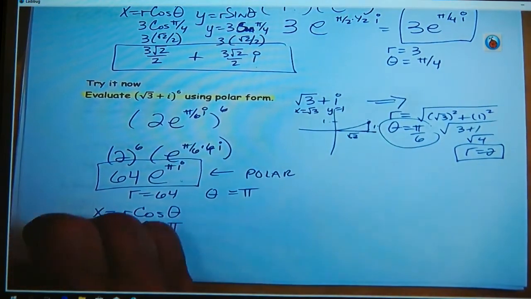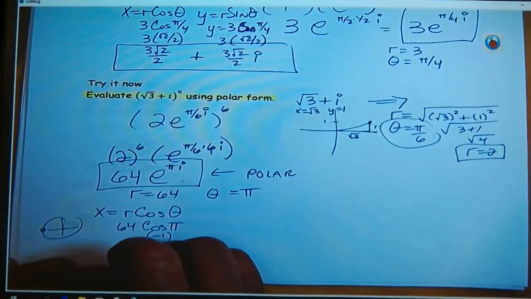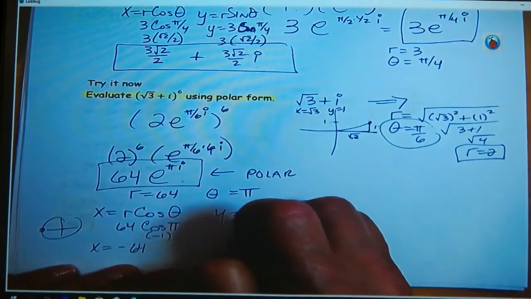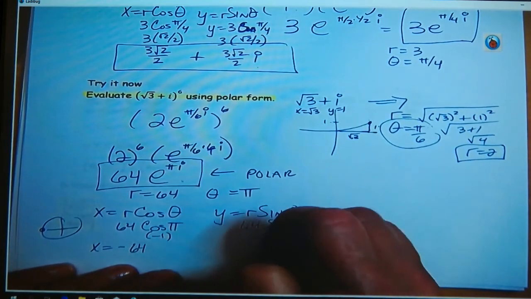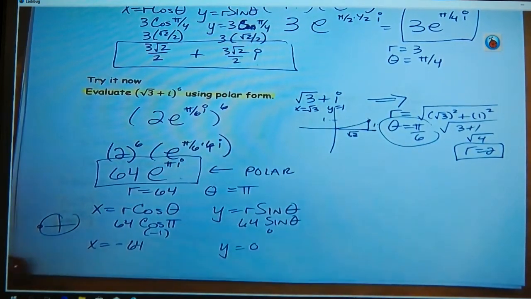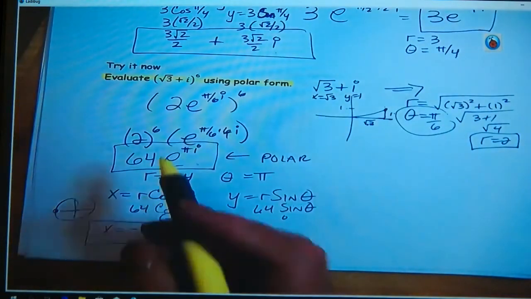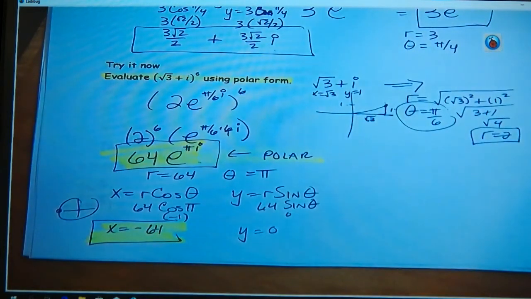The cosine of pi is -1, so x is going to be -64. y equals r sine of theta, which is 64 times the sine of pi, and the sine of pi is 0, so y is going to be 0. My answer is -64. Two answers: polar form and standard form. Let's take a break on this.